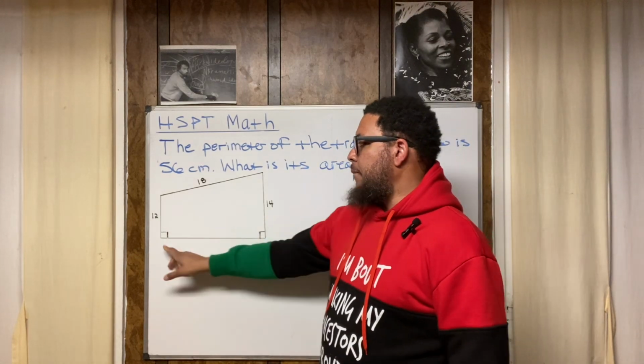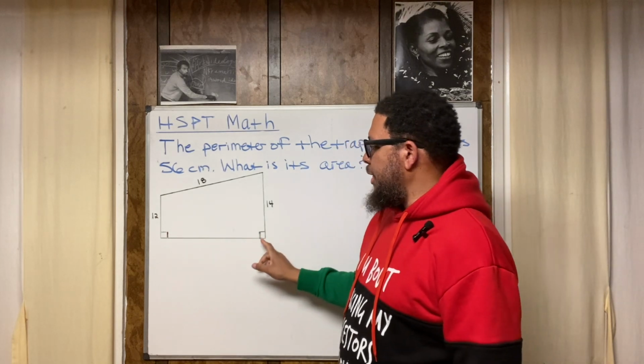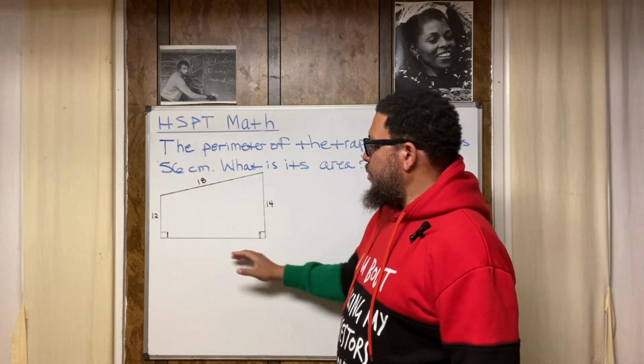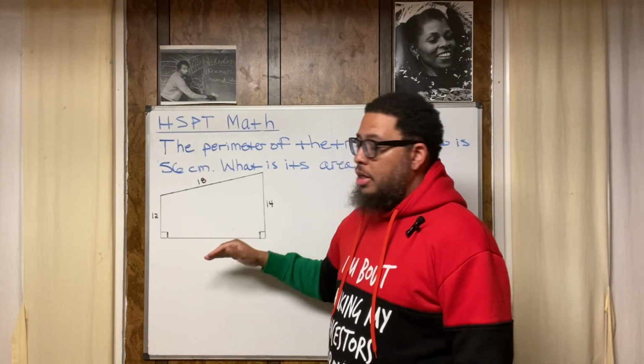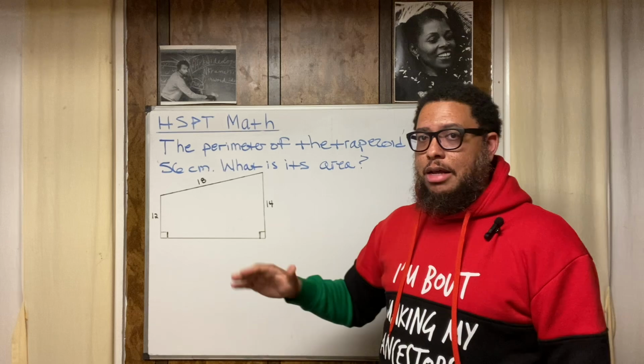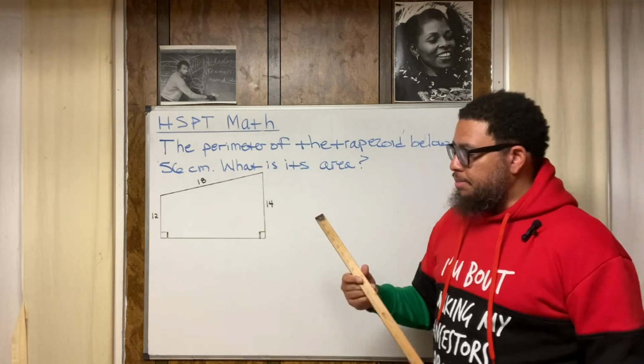How do you know that? Because these are right angle symbols. That means this side is perpendicular to this side, and this side is also perpendicular to this side. If they're perpendicular to the same side, they have to be parallel to each other. That's a rule from geometry.